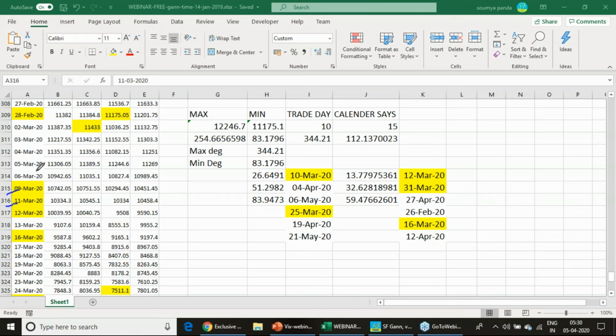So on 5th March it is 11,269. On 6th you are closing near 300 points down. So we are expecting a trend change, meaning a positive opening or positive closing on 9th, which has not happened. When there is a holiday, there will be a dilemma. So 9th has not worked. Can it work on the 11th?